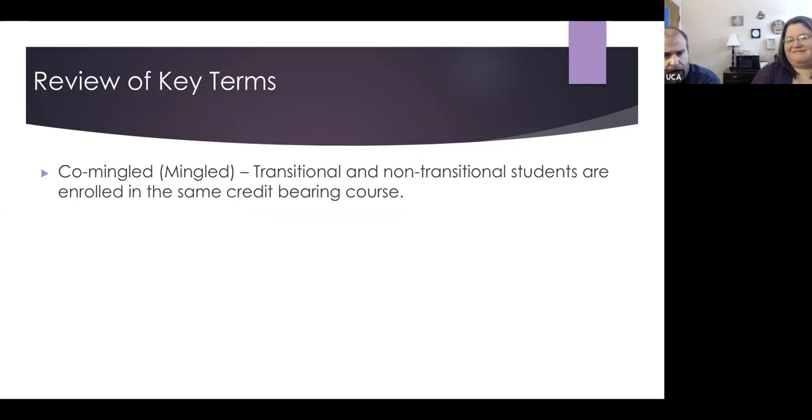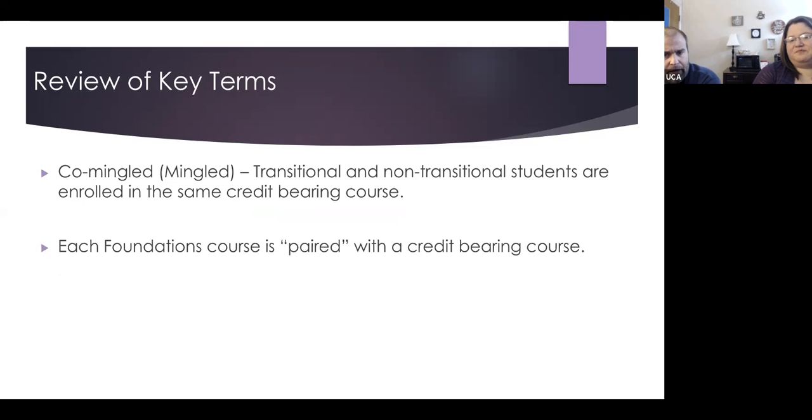So that's a commingled definition. And then we also use the word pairing with credit-bearing courses. Sometimes they like to use the word cluster. We don't like to throw that word out because it can become confusing to faculty and advisors and admins. So cluster we try to stay away from, but we use the word pairing when we put courses together where students are kind of forced to enroll in both of them.